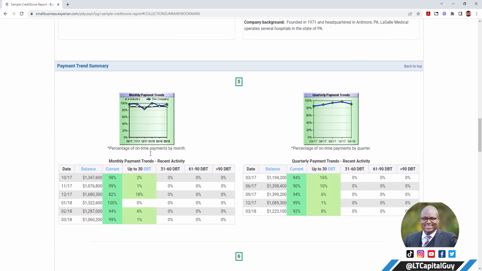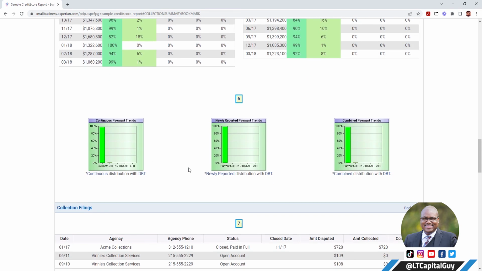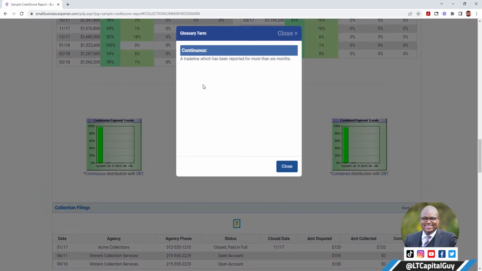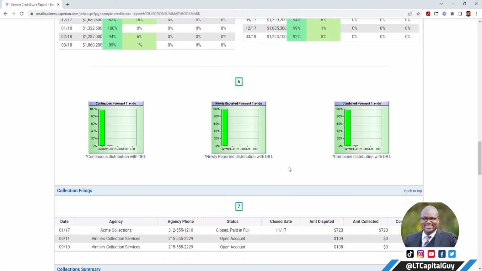You also have other charts and graphs about your payment experiences, giving more detail about how you pay your bills. If you're a chart person, these can come in very handy. If you see anything underlined, you can click it for more information on continuous payments, newly reported payment trends, and combined payment trends.